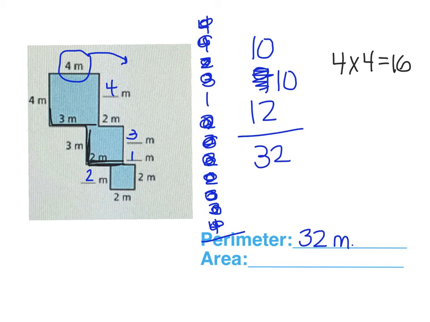Then I'm going to multiply 3 meters times 3 meters. Why? Because my length here is 2 meters plus 1 more meter over here. So 2 meters and 1, so 3 times 3 is 9. And finally, my last square would be 2 times 2.